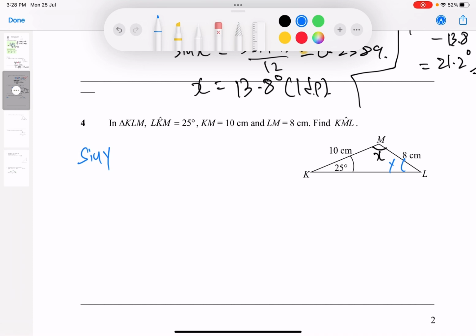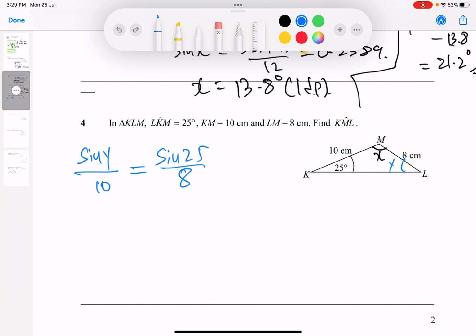Sine y divided by 10 is going to be equal to sine 25 divided by 8. We find sine y, we look at the opposite side, which is 10, and this is equal to sine 25 divided by the opposite side of 8.